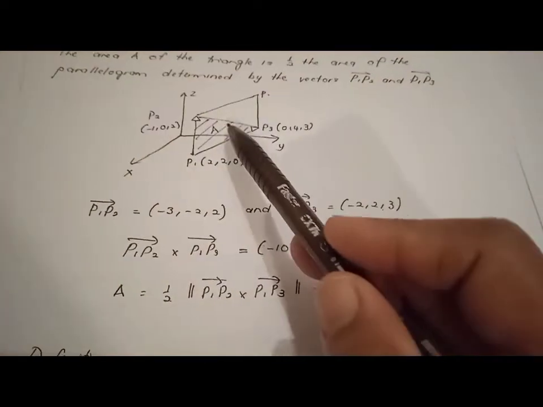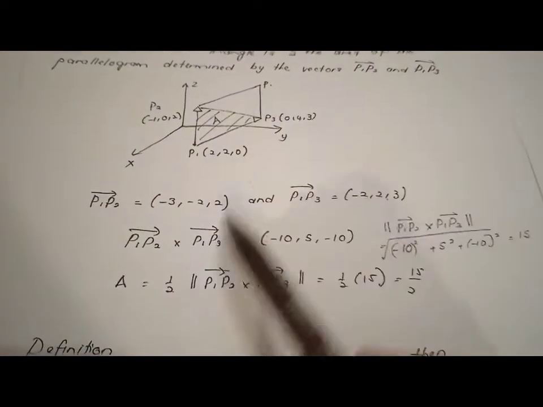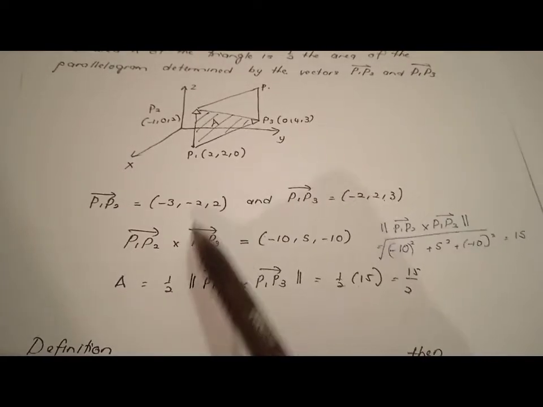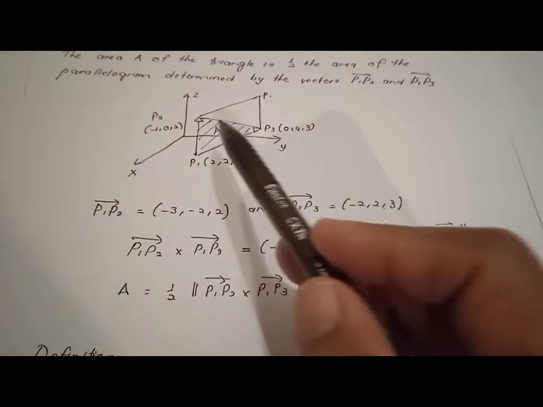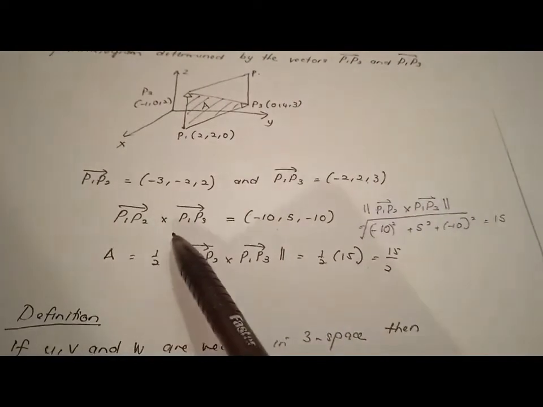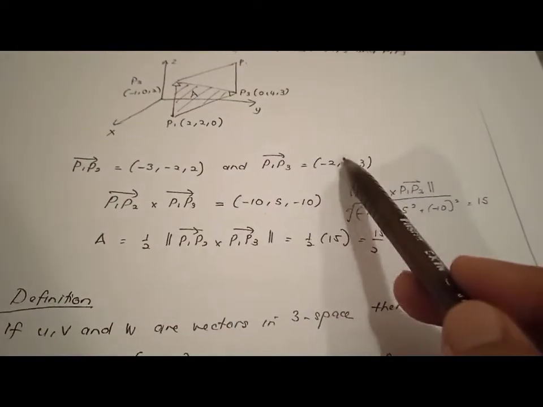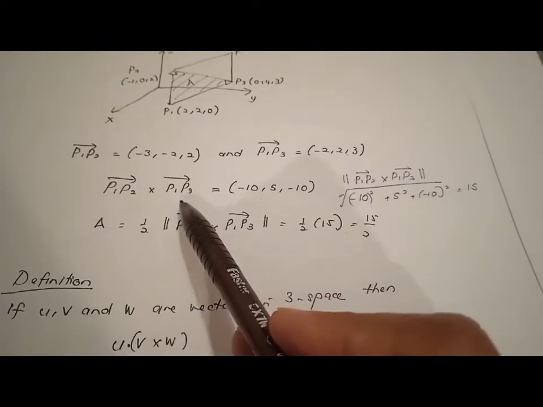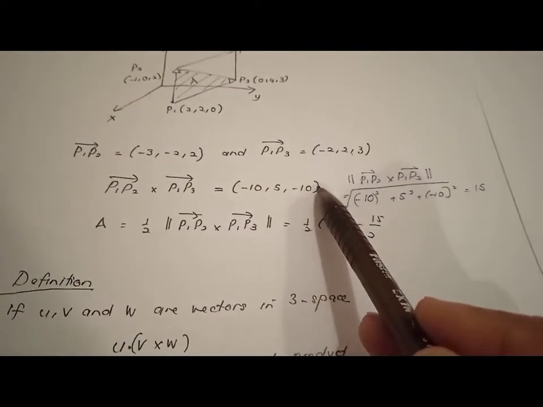Okay, so the area of this parallelogram is given by the cross product of P1P2 and P1P3. So we find the cross product of these two components. Using the formula of cross product, we obtain this.